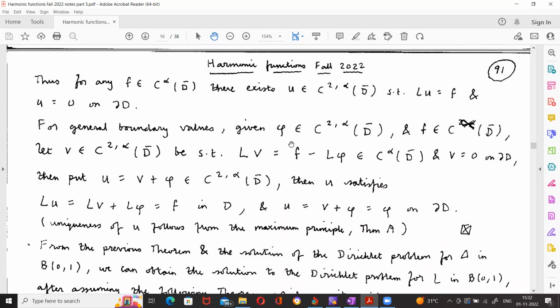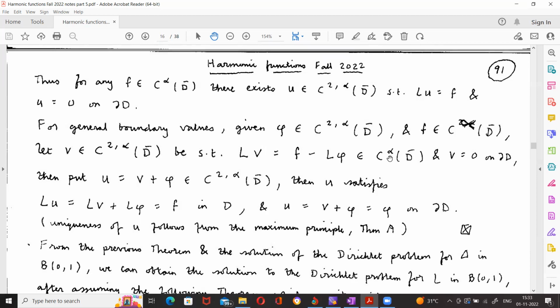Given a general boundary value phi, which is a function in C2 alpha declosure, and F is again a function in C alpha declosure, you let V be a solution of the homogeneous problem. So V is in C2 alpha declosure such that LV is equal to F minus L phi. Okay. So this problem we can solve with V equal to 0 on boundary D, right?